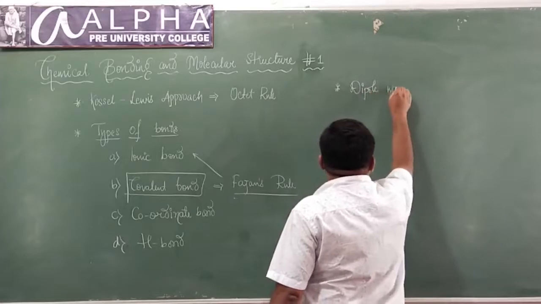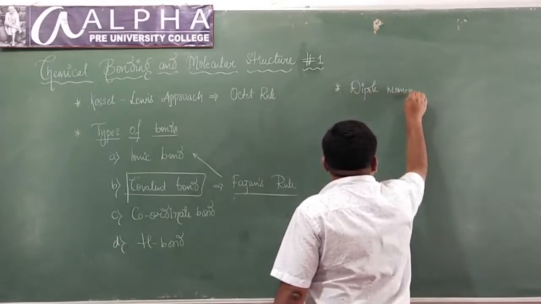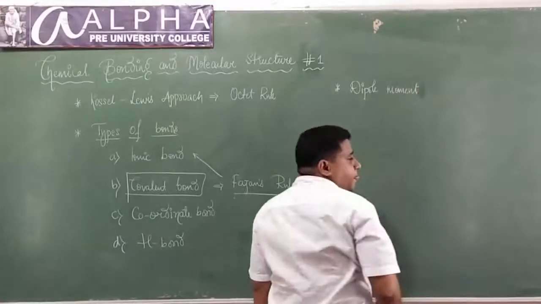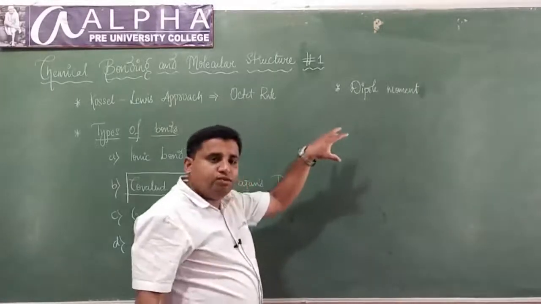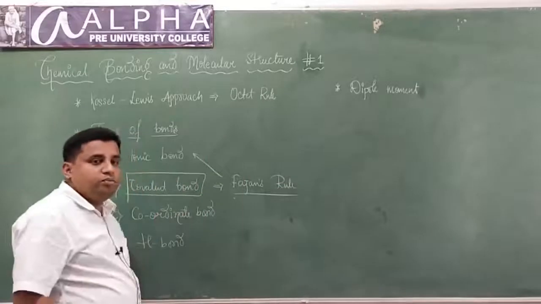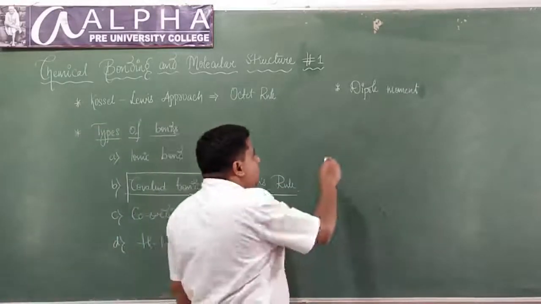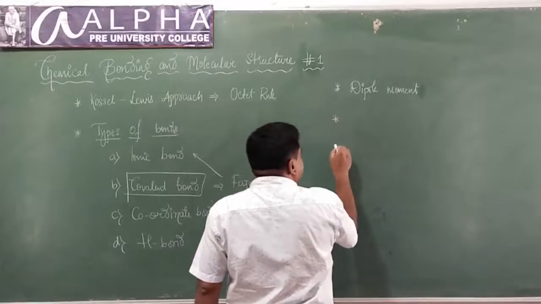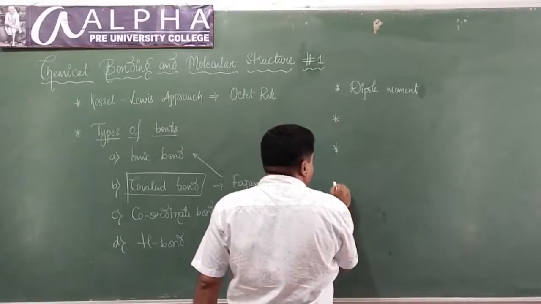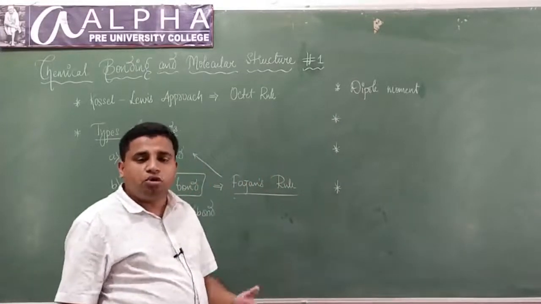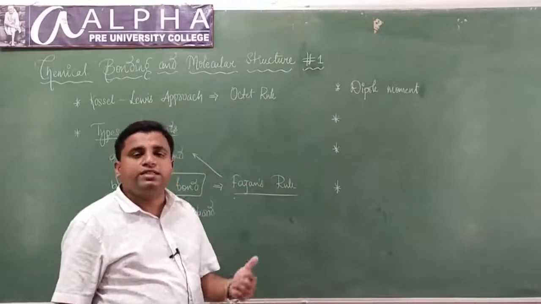Dipole moment, very important. We can expect a lot of questions on dipole moment. This is basically for covalent bond. And for covalent bond we will have 3 theories to explain the nature of covalent bond, the geometry of covalent compounds, etc.